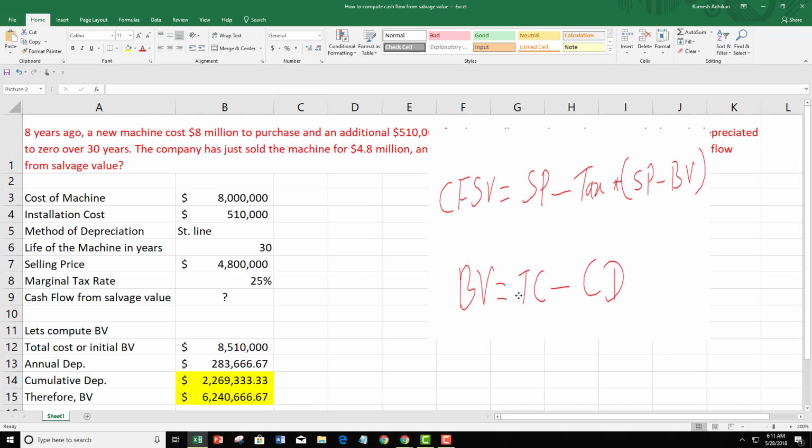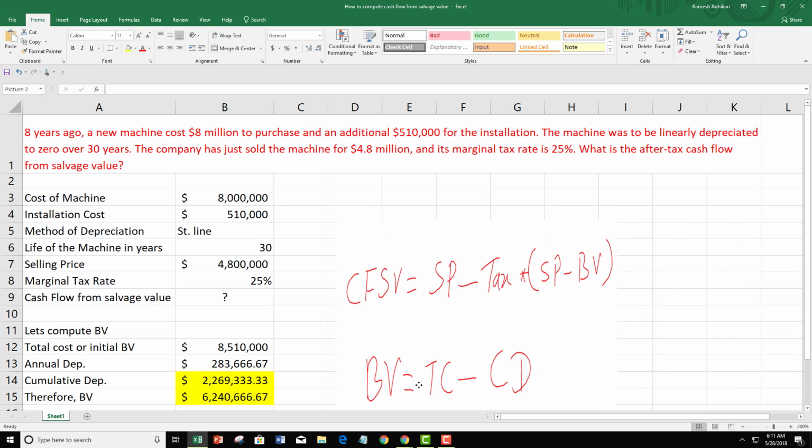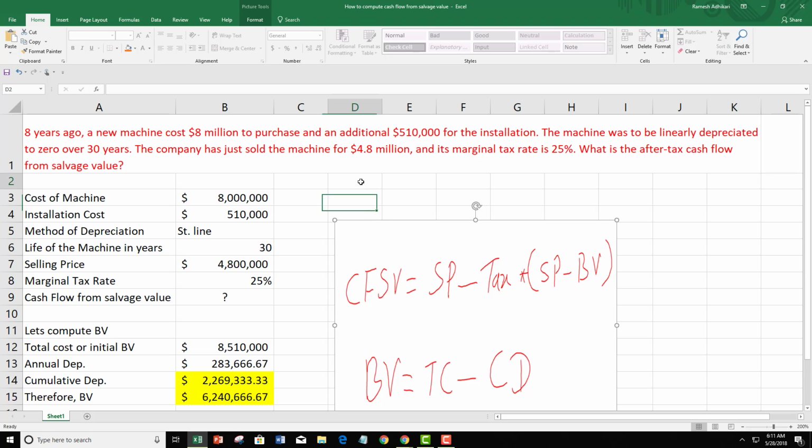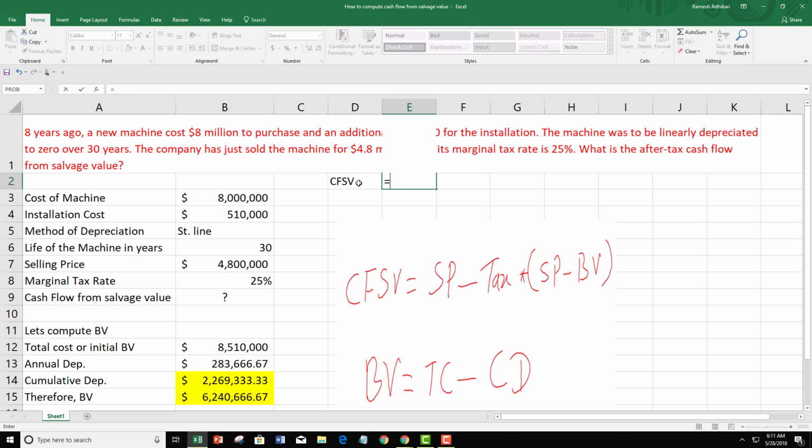Once you have book value, you can simply compute cash flow from salvage, and I'm going to compute it here. So cash flow from salvage value is going to be equal to, look at the formula, the selling price, right? The selling price is 4.8 million minus the tax rate 25% times, and in the bracket I can write the selling price, which is 4.8 million, right, minus the book value.